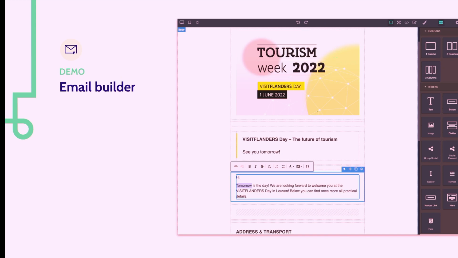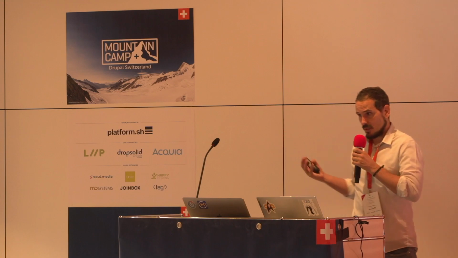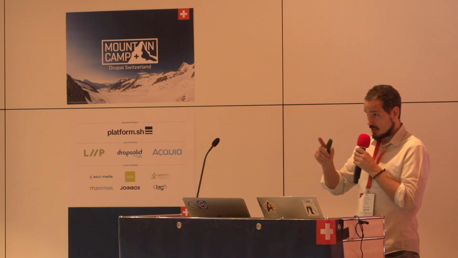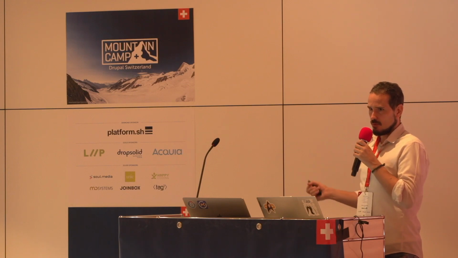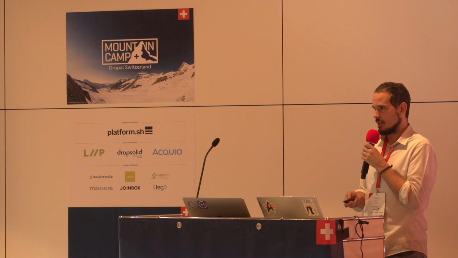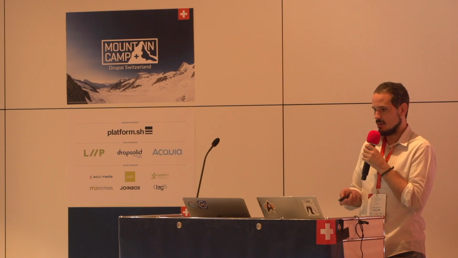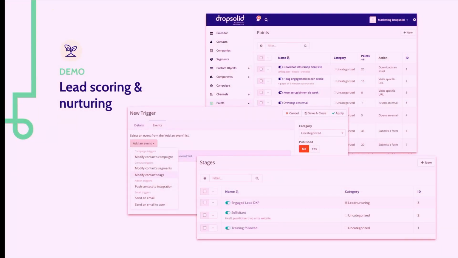If you start to integrate with your CMS, and that's what we at Dropsolid did, integrating Drupal with Mautic, you can pull in content from your Drupal site and generate email experiences from this, and use the automatic scoring to distribute all that content to the right user.